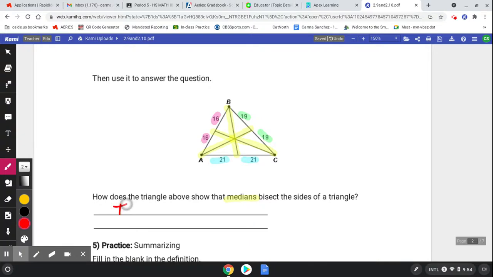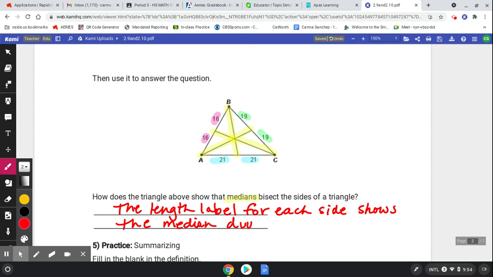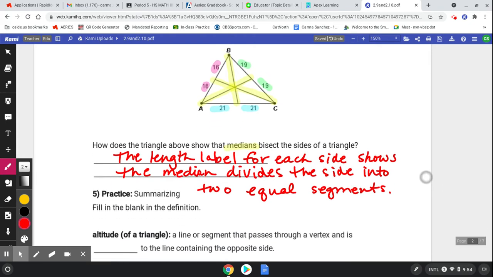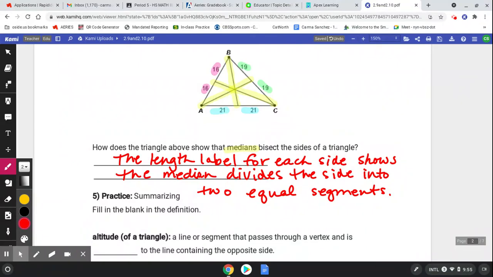We would say that the length label for each side shows the median divides this side into 2 segments, which is the definition of bisect, 2 equal segments. So those length labels for each side show us that.